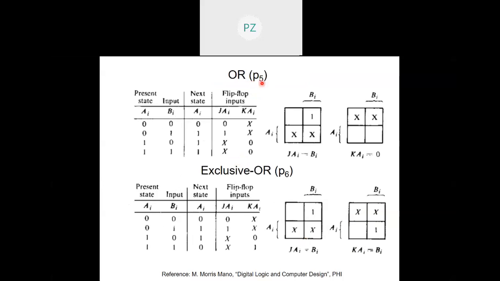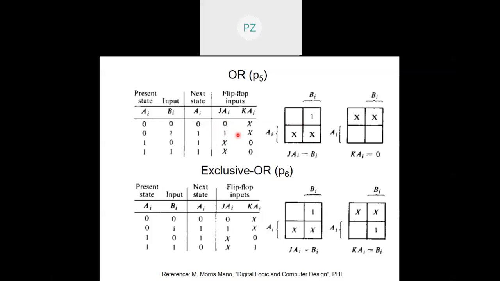Likewise, OR, when it happens with P5: 0, 0, 0, 0, 1, all these three will be 1 in the OR gate, and so the required flip-flop input 0 to 0 is 0 cross, 0 to 1 is 1 cross, 1 to 1 is cross 0, 1 to 1 is cross 0, coming from the excitation table of the JK flip-flop. So you put the K-map.